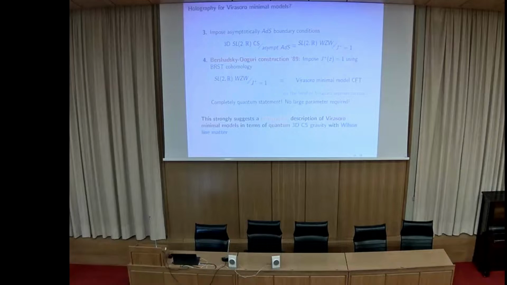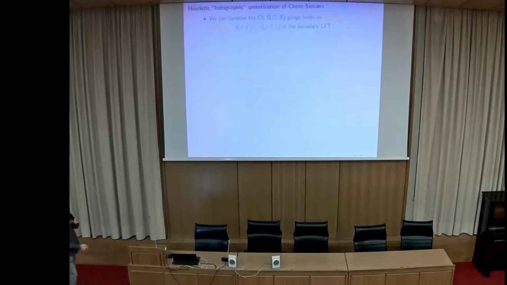Okay, so if we want to speak about this holographic quantum Chern-Simons, what could it mean? One heuristic idea is to consider those SL2R gauge fields as quantum operators which are defined directly in the CFT. One can write these types of expressions, which are now defined in terms of operators purely on the boundary.